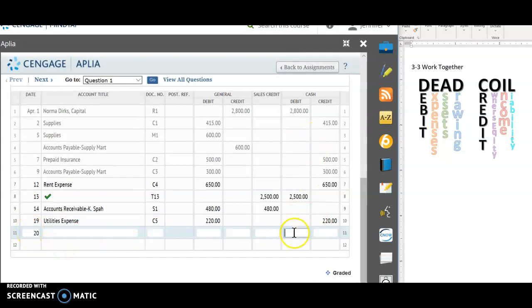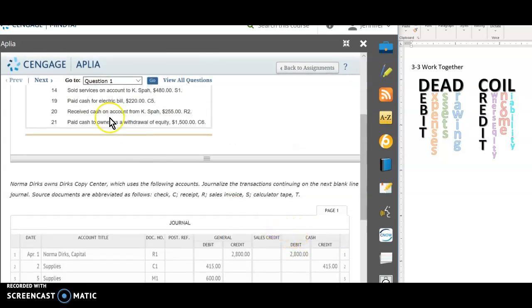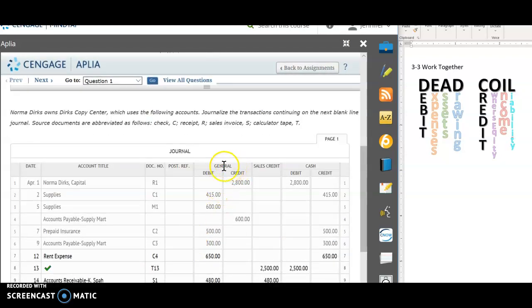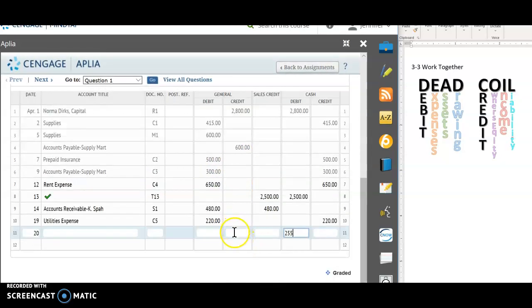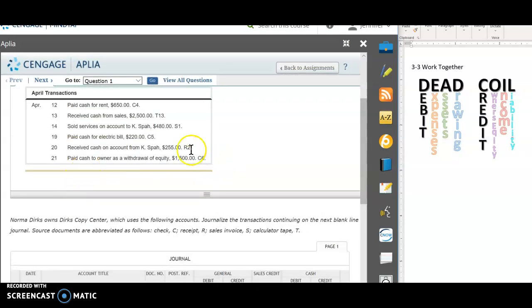So cash debit of $255, and our credit is going to be accounts receivable K-Spa. So it'll go under the general column, $255, and our account will be just like we wrote it above, accounts receivable dash K-Spa. Our document number is R2.